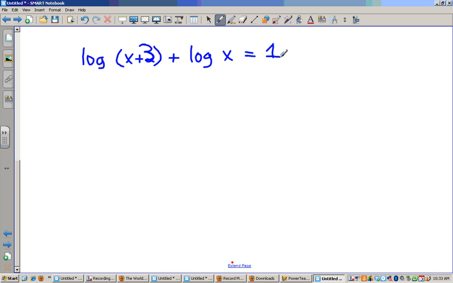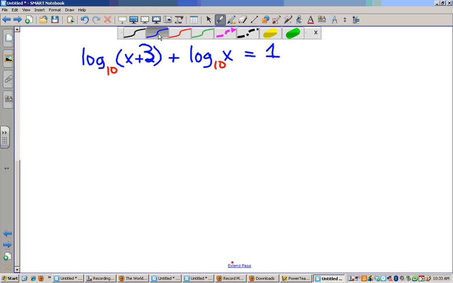When there's no base, we have to write down a 10. So it's not written down, but you have to understand that this is a 10. Now we can do the same things as before.